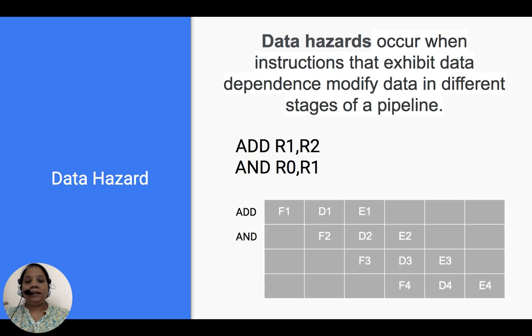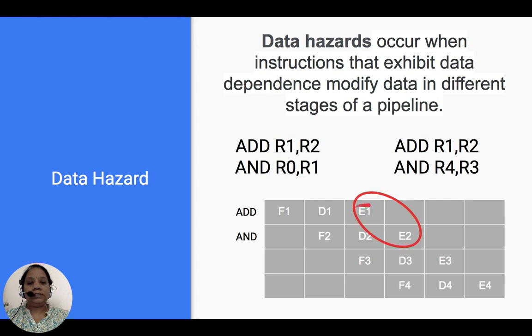So you can see that the first instruction is executed and the result has to be stored back into R1. The second is the logical AND instruction, which has to be executed. When it is executed, the result has to be updated in R1.